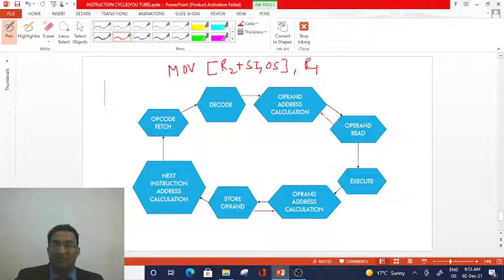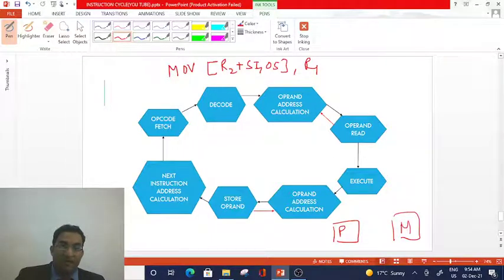So the opcode will be fetched and decoded, and as the operand itself is present in the R1 register, execution will take place. But execution says that we have to transfer the value from the processor to the memory. So the value is with the R1 register and it is transferred to the memory, but first we have to do this operand address calculation.